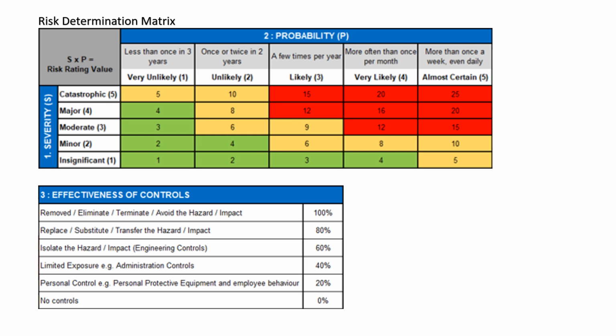You're impacting it by engineering controls, bringing you a 60%. Then getting to a lot safer, replacing, substituting, or transferring the hazard, making it even safer for the employees that are performing that task. And if at all possible, can you remove, eliminate, terminate, or avoid the hazard or impact altogether? So let us take a look at the hierarchy of control or effectiveness of controls in a little bit more detail.